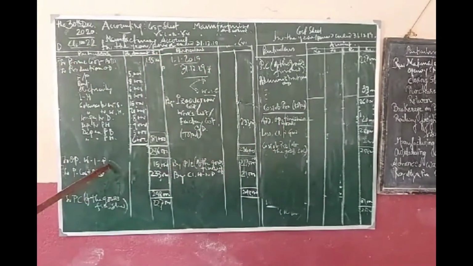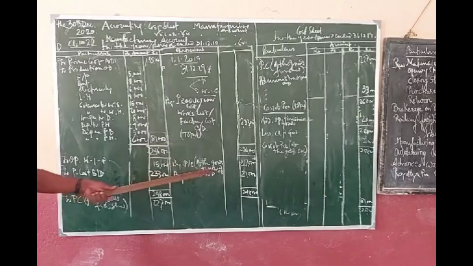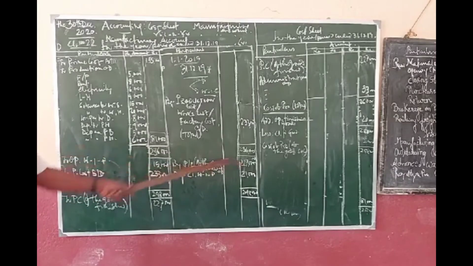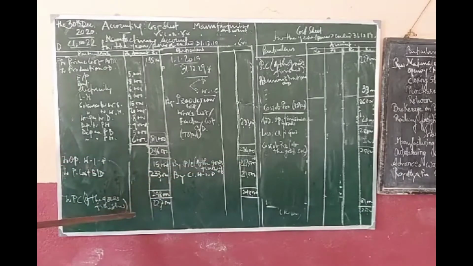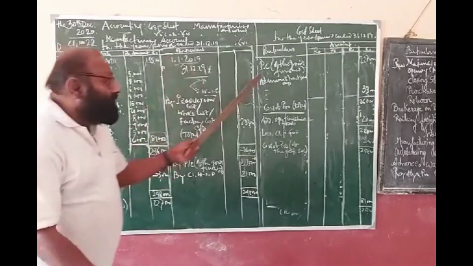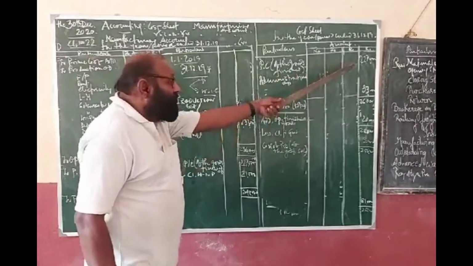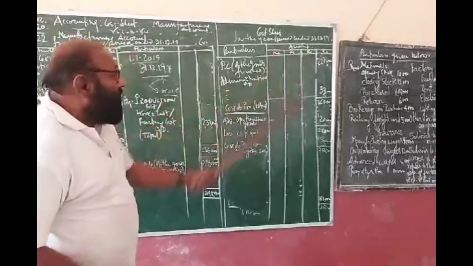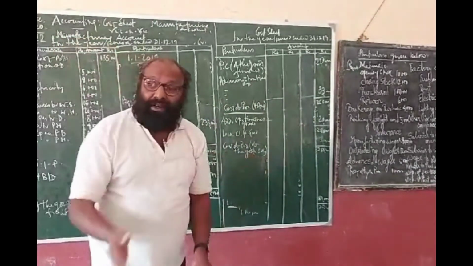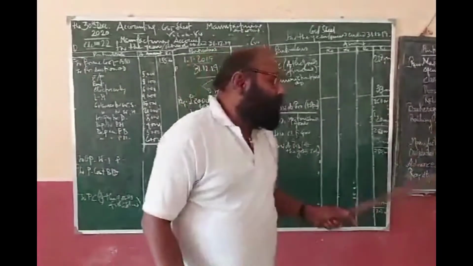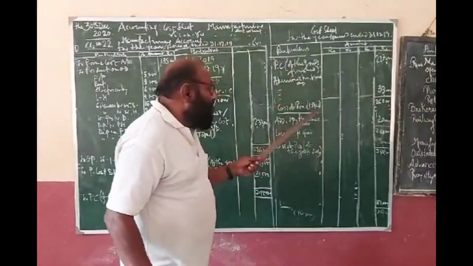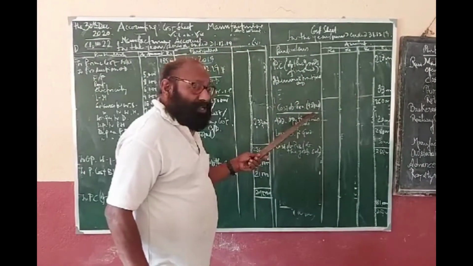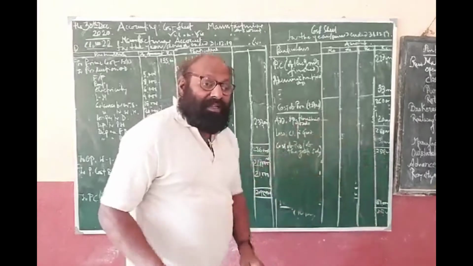That is why opening work in progress should be added to the total production cost, and closing work in progress should be deducted, and thereby we have got this one. That is the cost of production of the finished goods. And to that we should add the administrative overhead, and thereby you have got the total cost of production.